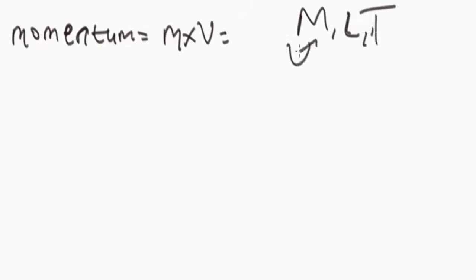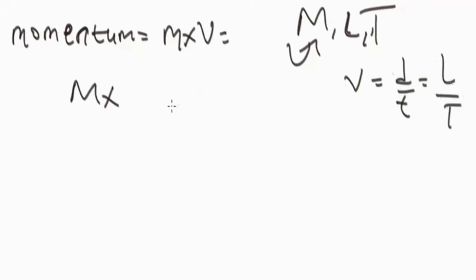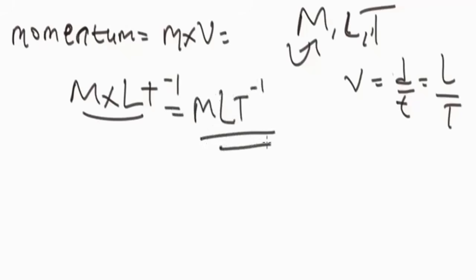So we have mass times the dimension of velocity. Velocity equals displacement over time, which will be length over time. So it will be mass times length per time. And this is the dimension of what?